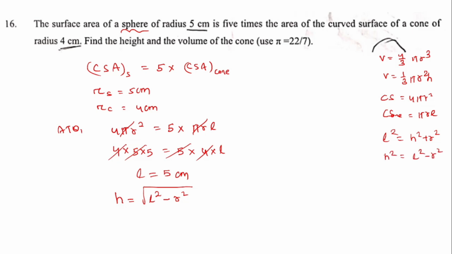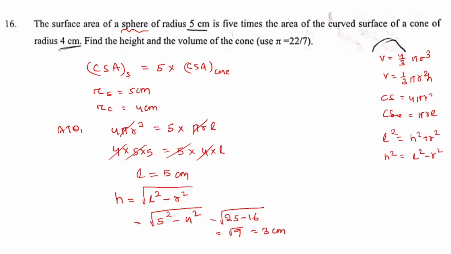Now put the value: L equals 5, r equals 4. The square root of 25 minus 16 equals the square root of 9, which is 3 centimeter.